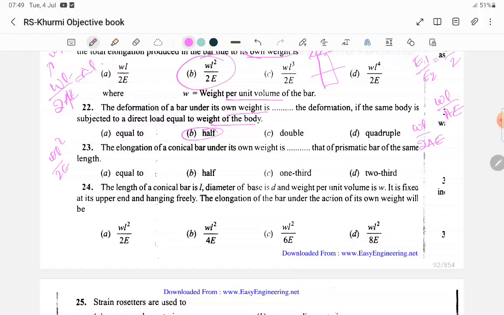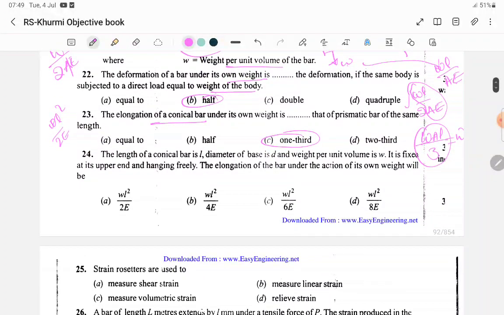Means if some weight W is acting here, then the self weight case is half of this second case. A conical bar: the elongation of a conical bar under its own weight is 1/3 of the prismatic bar of the same length. So this is 1/3, where WAL by 3 will be there in place of capital W. Okay.